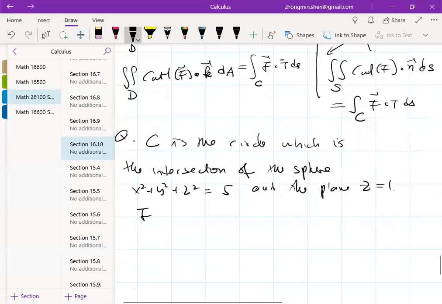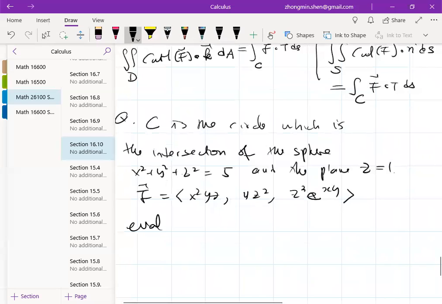Right? And F is the vector field x squared y, z squared, and z cubed e to the xy. So you have a vector field. Evaluate the line integral F dot T ds along this curve.